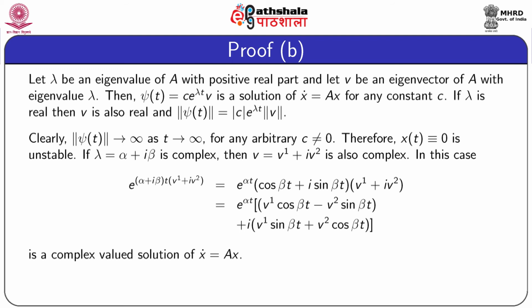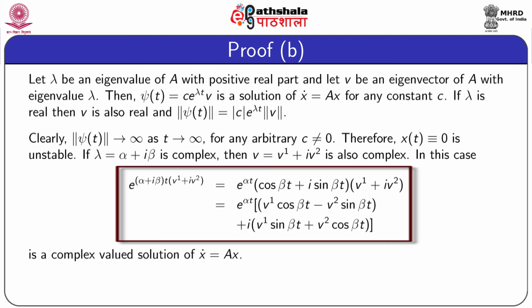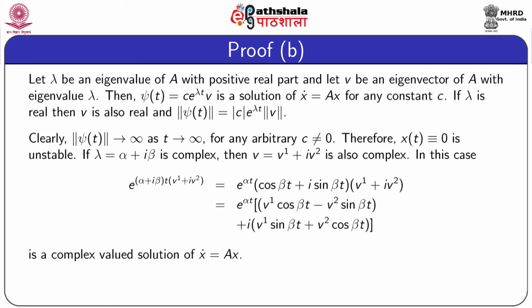In this case, e^((alpha plus i beta)t) times (V1 plus i V2) is equal to e^(alpha t)(cos beta t plus i sin beta t)(V1 plus i V2), which can be written as e^(alpha t)[V1 cos beta t minus V2 sin beta t plus i times (V1 sin beta t plus V2 cos beta t)], a complex valued solution of x dot equal to Ax.